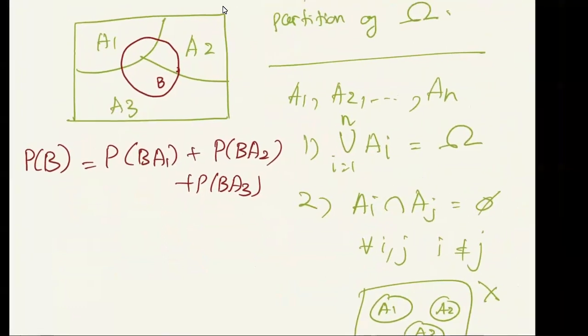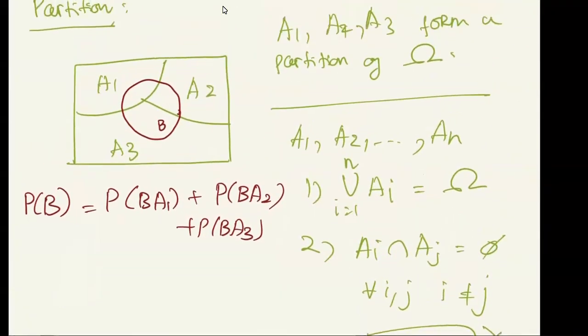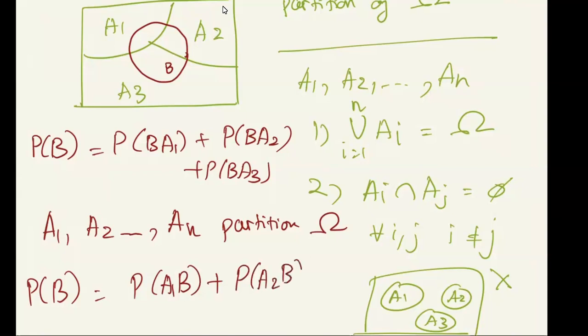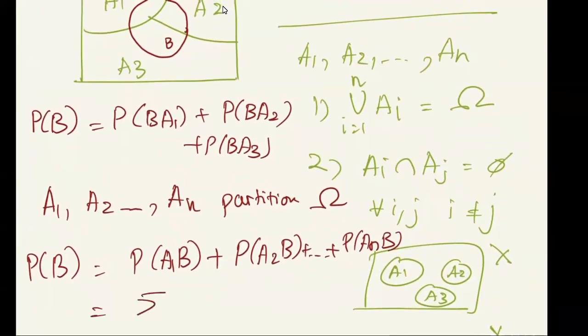And you can generalize this if A1, A2 up until AN form a partition. Then the probability of B is just the probability of A1 intersect with B, A2 intersect with B, up until AN intersect with B, and you can write it with a summation like this.